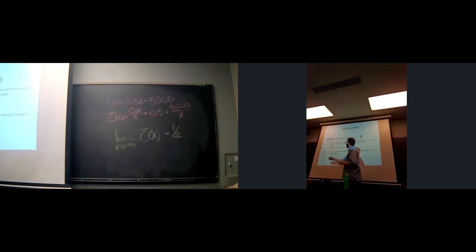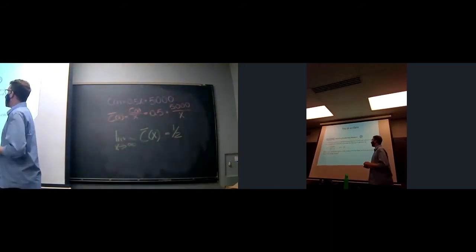Looking at this, we're trying to figure out if we have a vertical asymptote or a horizontal asymptote first and foremost, and then trying to find out what the vertical asymptote of this function is going to be.